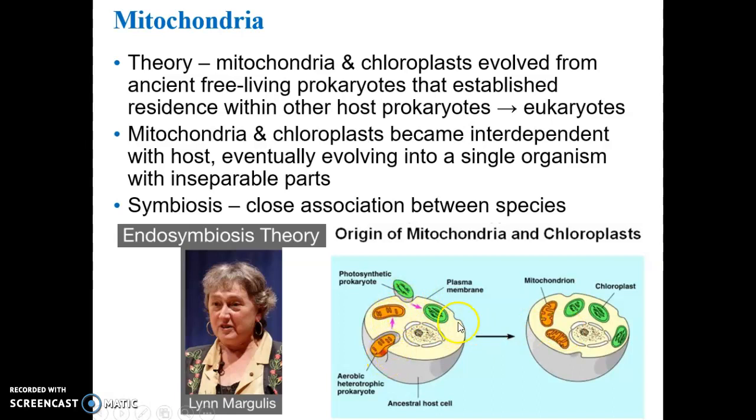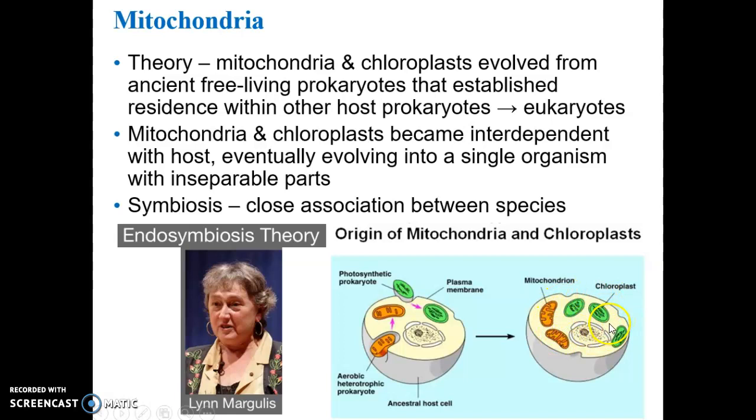But instead of breaking them down, the host cell incorporated them into their cellular organelles, and then the host cell, by doing so, became an early eukaryotic cell, and these ingested precursors became actual mitochondria and chloroplasts.